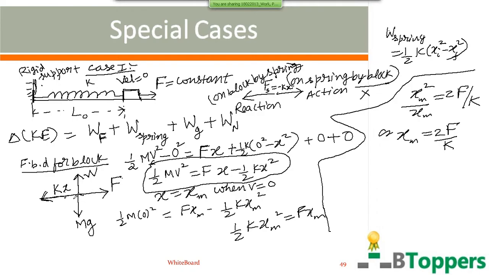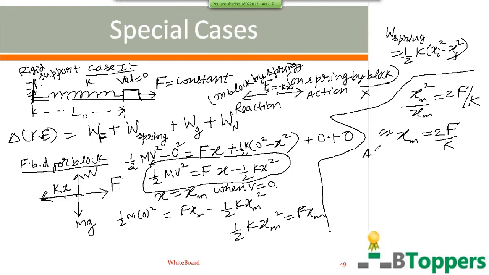The magnitude of the velocity of the block goes on increasing as long as the magnitude of the elastic force by the spring, kx, is smaller than F. When kx becomes equal to F, the magnitude of velocity becomes maximum. That is at the equilibrium position. After crossing the equilibrium position, kx becomes more than F in magnitude. Then the magnitude of velocity goes on decreasing. And at the instant when the spring has maximum elongation, velocity becomes 0.